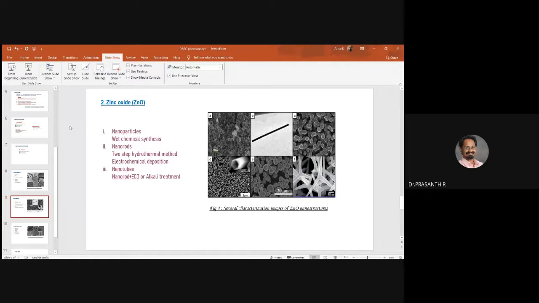Similar to TiO2 nanostructure fabrication, zinc oxide nanostructures are also synthesized through techniques such as wet chemical synthesis for ZnO nanoparticles, then hydrothermal synthesis for ZnO nanorods. Also, zinc oxide nanorods are synthesized through electrochemical deposition.